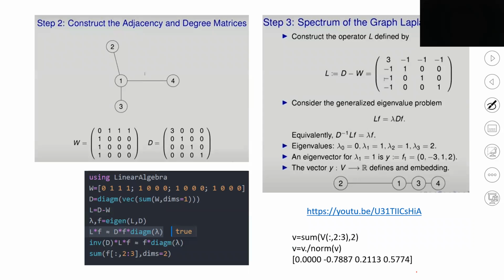So your W matrix, unweighted, is this. Is this your degree matrix? Node 1 has 3 partners, so it has 3. Nodes 2, 3, 4 only have 1 link. So the degree matrix D looks like this. Take the difference of that, and then you solve a generalized eigenvalue problem.